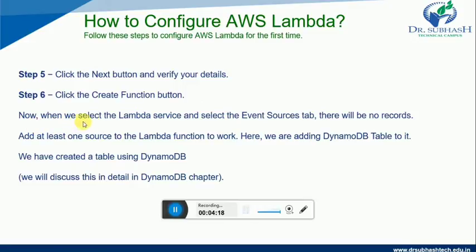Now when we select the Lambda service and select the event source tab, there will be no records. So add at least one source to the Lambda function to work. Here we are adding a DynamoDB table to it. We have created a table using DynamoDB. We will see DynamoDB in our upcoming lectures.